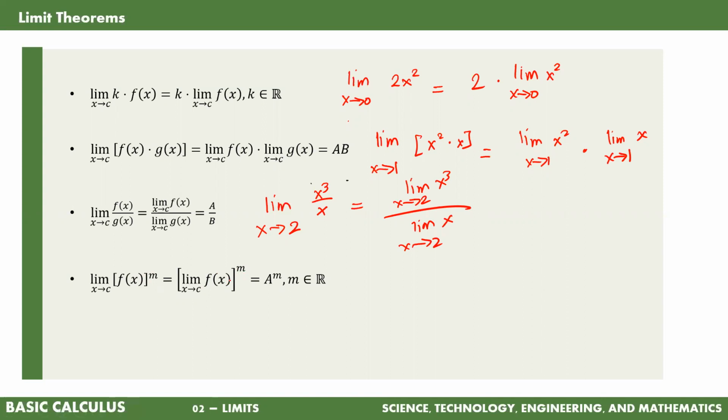Somehow, pwedeng padaliin nyo yung work. Halimbawa, meron kang limit of x to the 5th as x approaches 2. Pwedeng ang gawin mo, limit of x lang muna as x approaches 2. Tapos, yung exponent, ilabas mo to the 5th power.